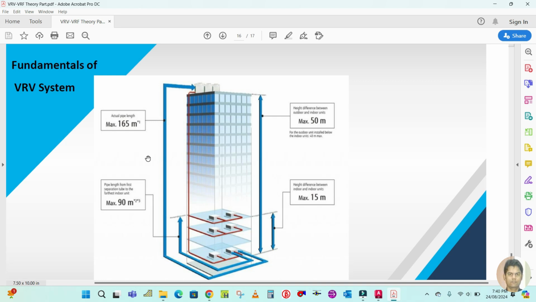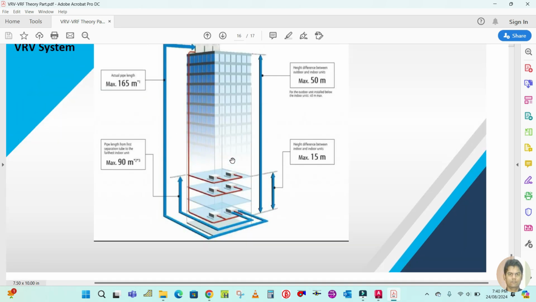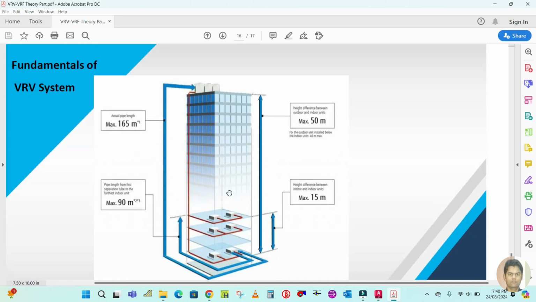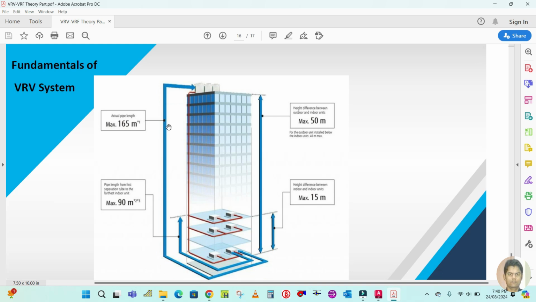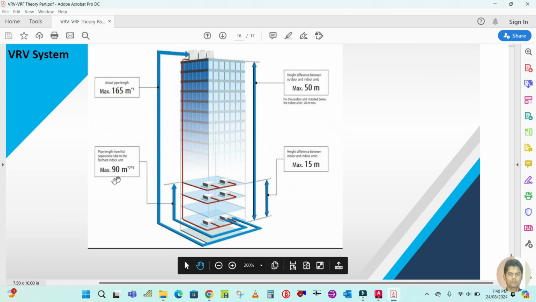Here you can see the example. This is the actual pipe length, which is 160 meters from the outdoor to the farthest indoor unit, and 90 meters is the pipe length from the first separation tube, that means the first branch, to the farthest indoor unit.